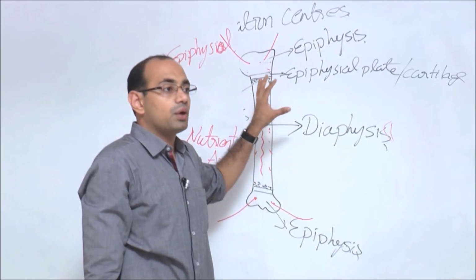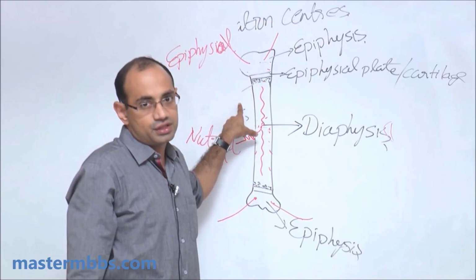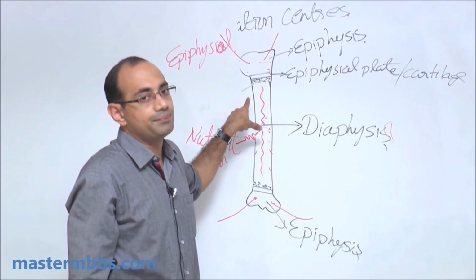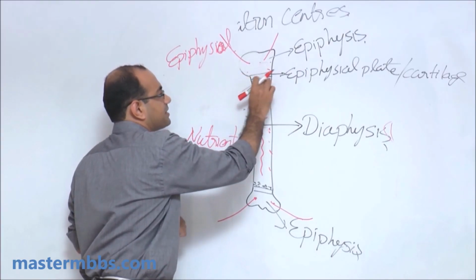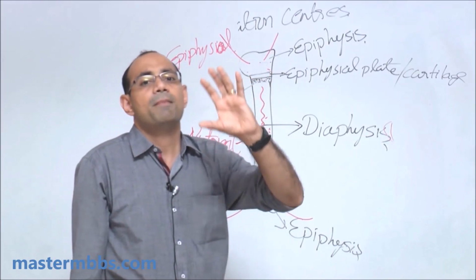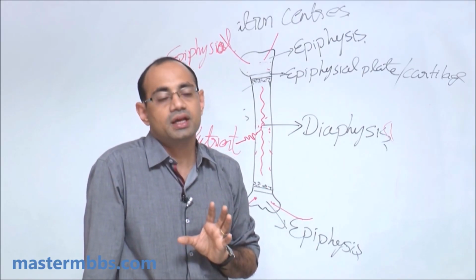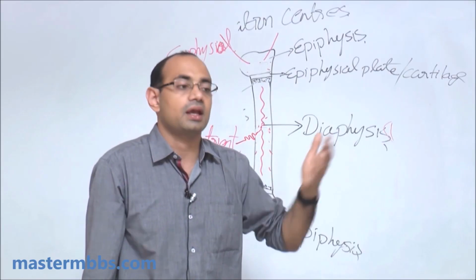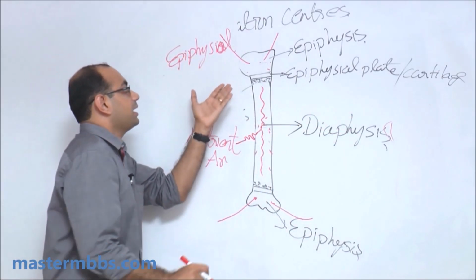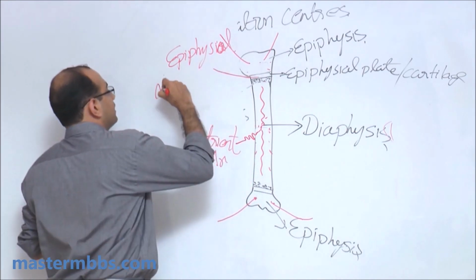Now you also have to have, at the junction, at this area of the metaphysis, some blood supply. Why? Because the epiphyseal plate and the metaphysis is the area where maximum bone growth is going to occur. So where you have a lot of growth, you need a lot of food. This area here is supplied by something called the metaphyseal artery.